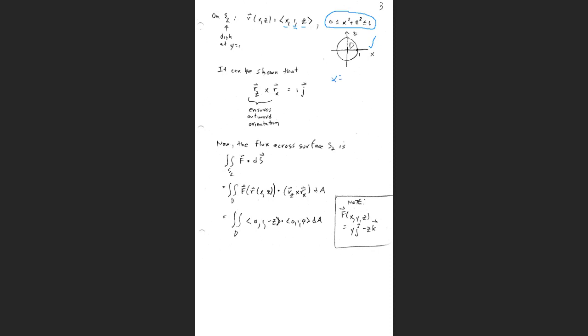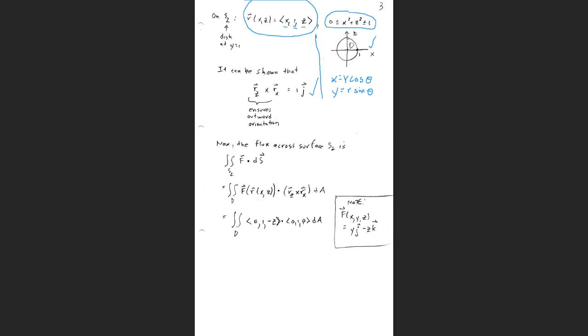And again, x is r cosine theta, and y is r sine theta. For this vector function of parameters x and z, if you did the cross product of rz cross rx, you would get a 1j, which is what you want.